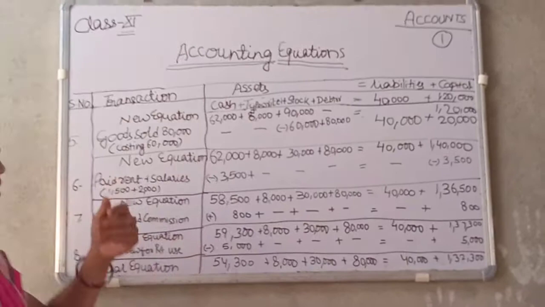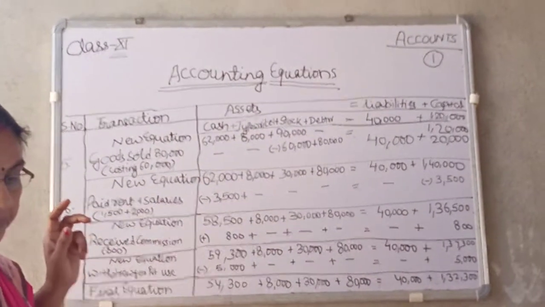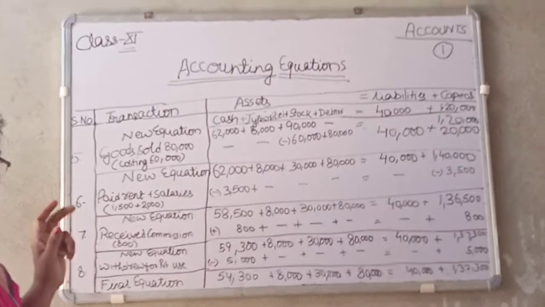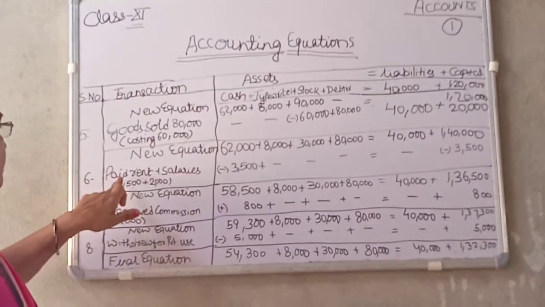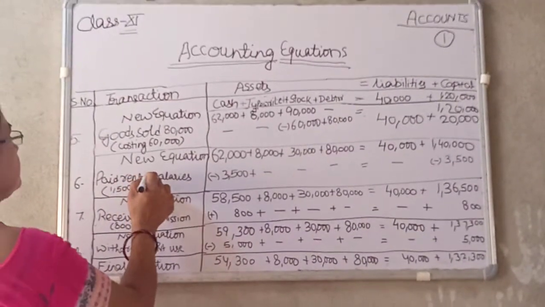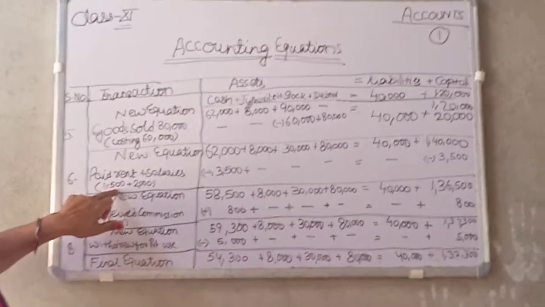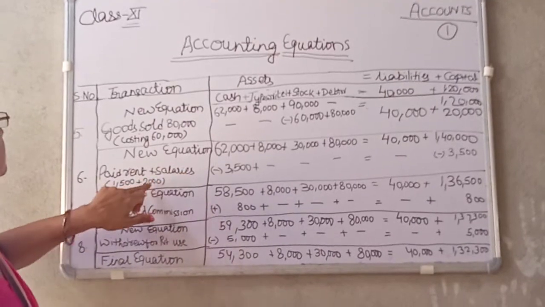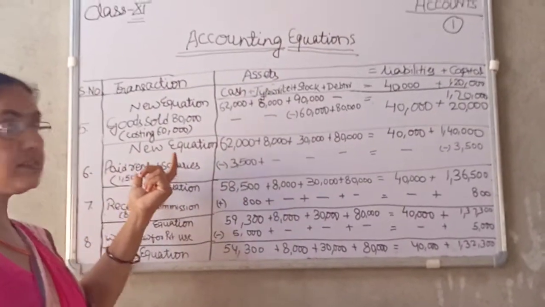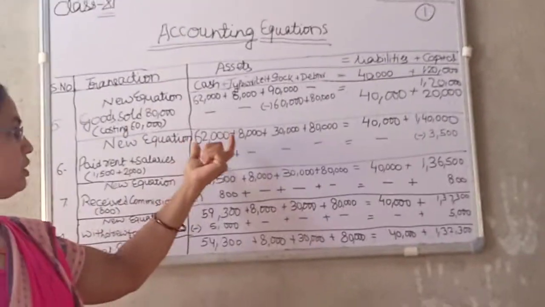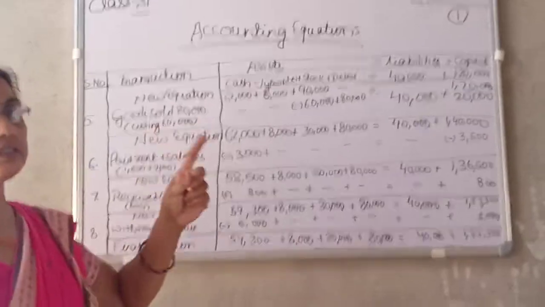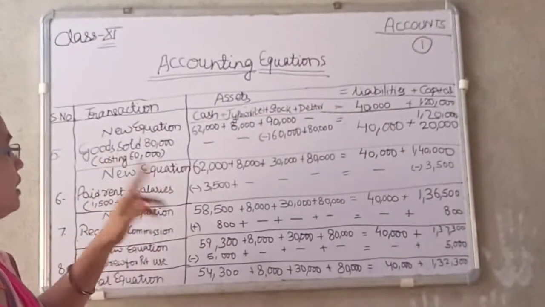Now we move to the next, that is paid rent 1,500 and salaries 2,000. Now we will write paid rent plus salary. We are going to add this rent and salary. Rent is 1,500 and salaries is 2,000. So that totals 3,500, and as this is an expense, it is going to deduct the cash, that is we are going to pay these expenses from the cash.